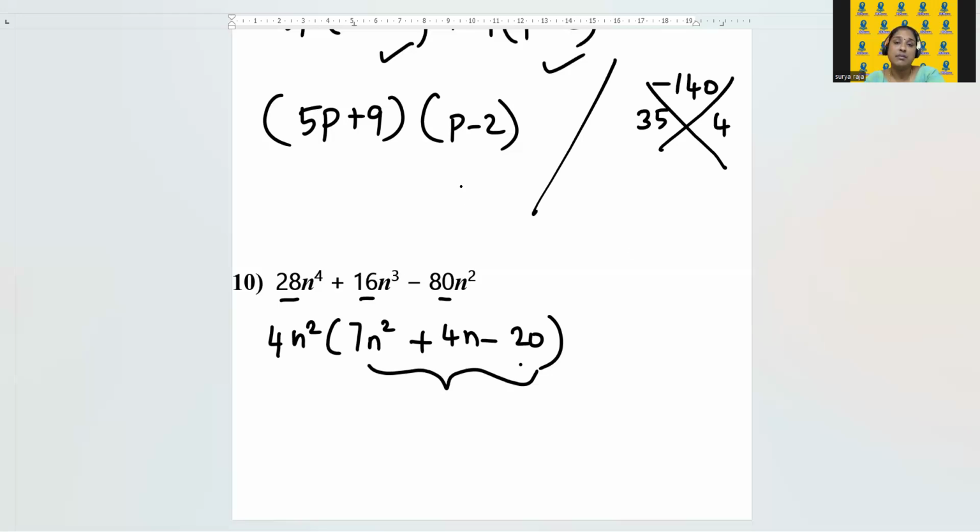Let me divide it by 5. 24 times 5 also won't work. And what else we can do is that 20 times 7. No, 20 minus 7 would be 13, not 4.